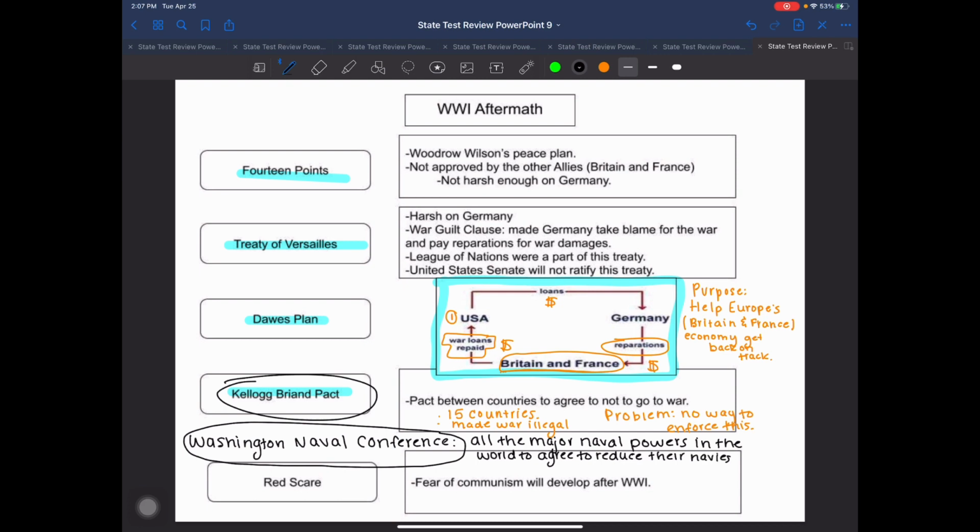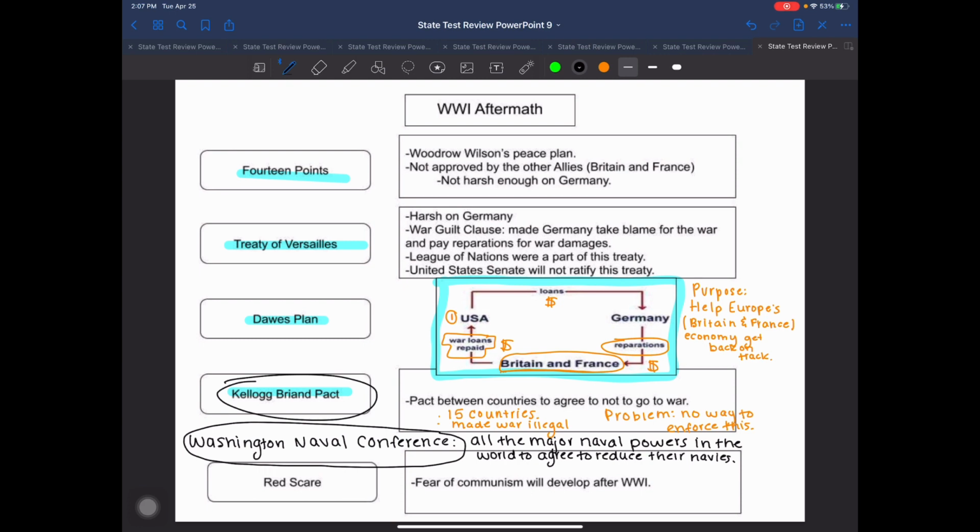This kind of goes a little bit with militarism. Instead of focusing so much on having bigger and stronger, we're going to level the playing field, kind of ease that tension and that pressure of having to have bigger and stronger militaries than other countries around the world. That's going to be the main thing.